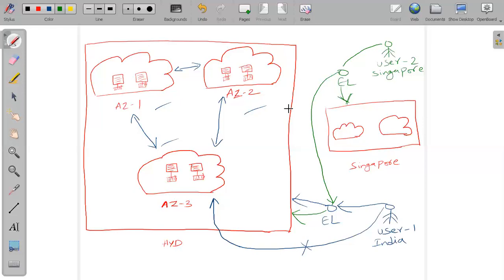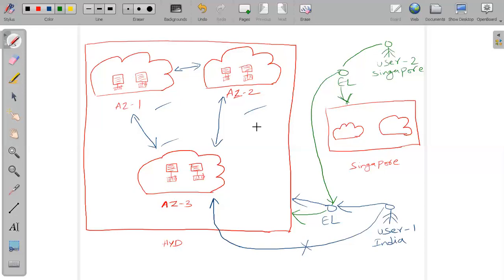Is it clear? If the server is created here, then it will be like this. If the server is created in their own location, then they directly connect here. This is the arrow mark, you can understand. But if the server is created in another location, then it will be this way.